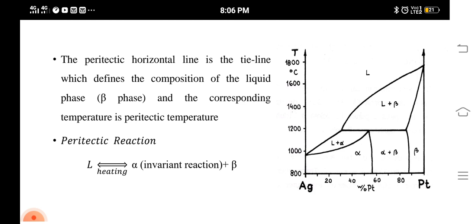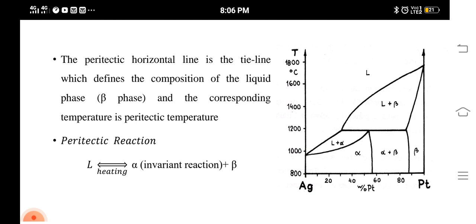Here we can see three different terms: liquidus, solidus and solvus, where liquidus means the solidification starting position is called liquidus. Solidus means the solid position, that is, the solidification ending point is called solidus. And solvus means there are two different solid phases which have different states.